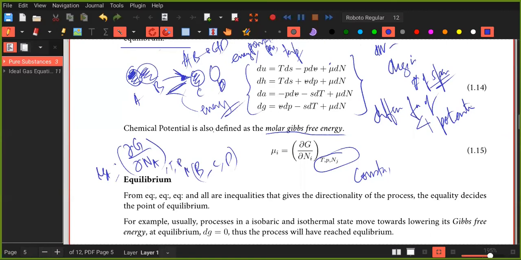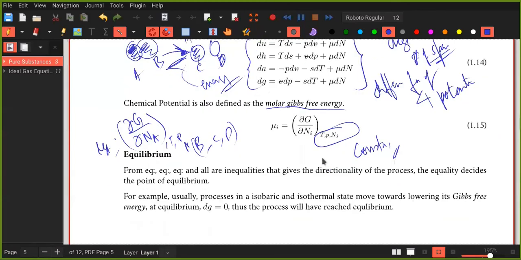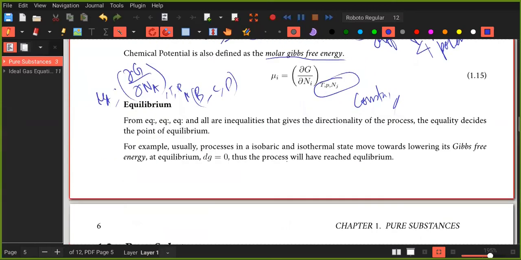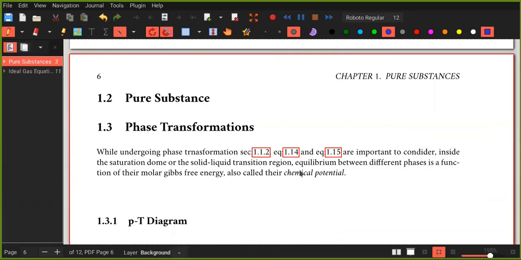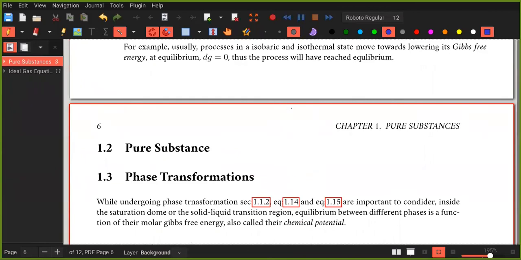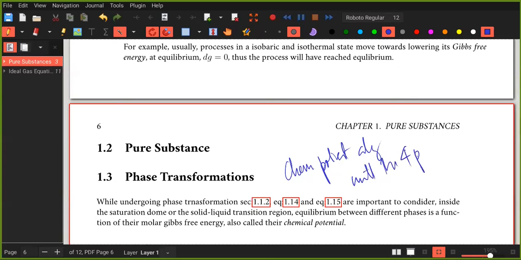Okay. So what is the significance of the chemical potential? The chemical potential, along with the four potentials, defines the criteria for equilibrium.